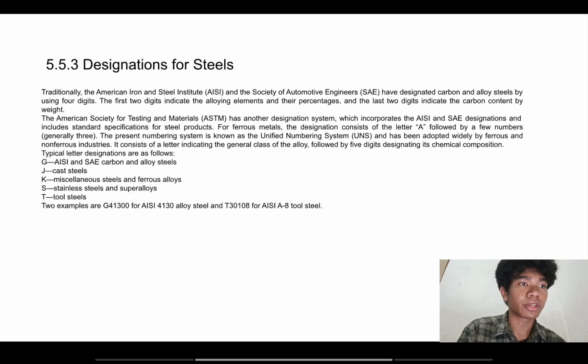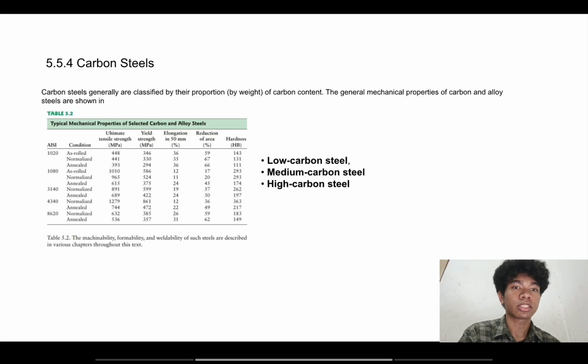Its typical designations are followed with G, K, S, and T. G is for AISI and SAE carbon and alloy steel. J is for cast steel. K is for steels and ferrous alloys. S is for stainless steel. T is for tool steel. Two examples are G1300 for AISI 4130 alloy steel, and so on.